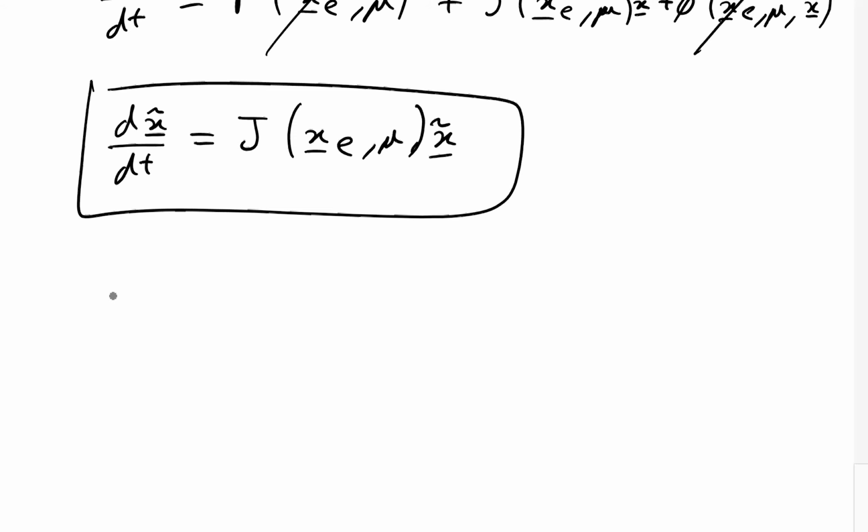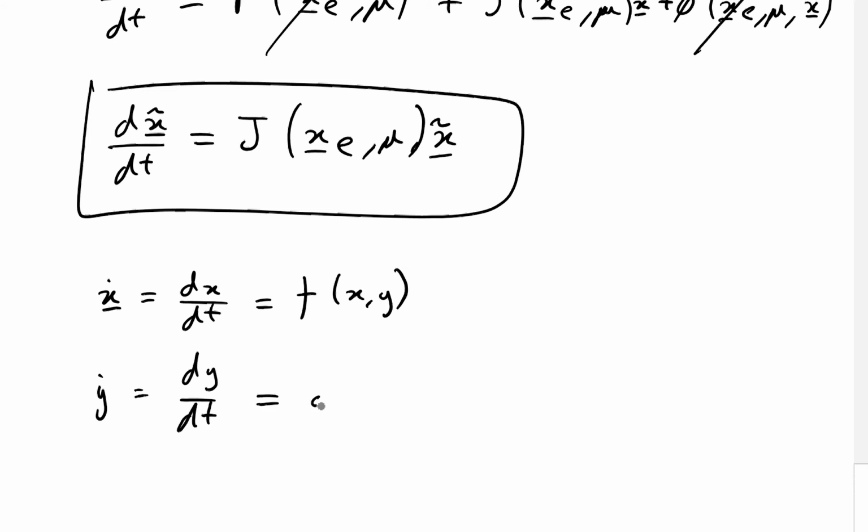So if I start off with my example again, dx by dt and dy by dt, equal to functions of x and y. That's what we started with at the beginning. What can my derivatives be?